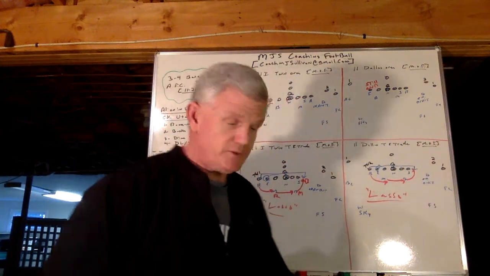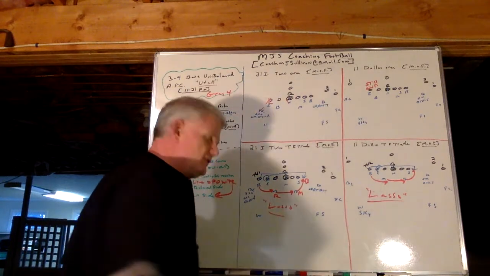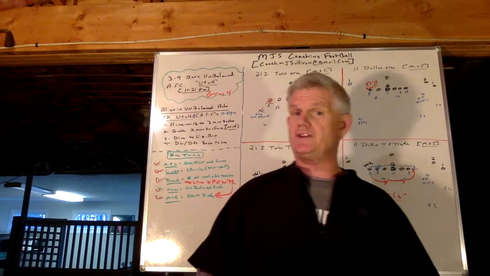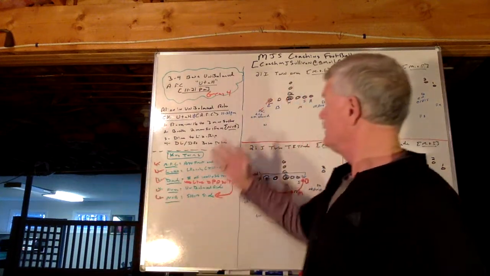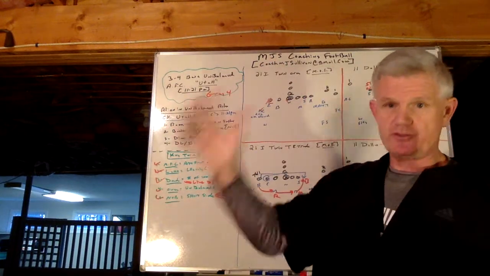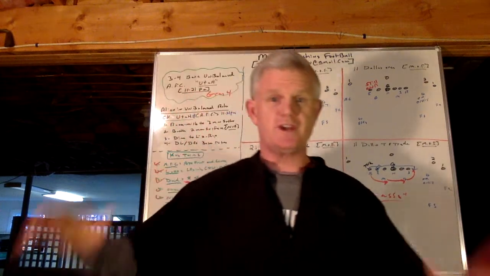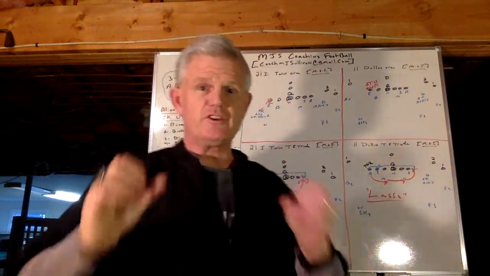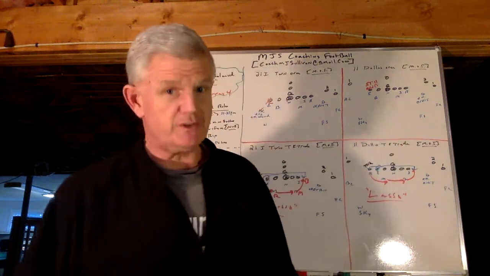Okay, so for us, to keep it in line with your base front, whatever that is for us, it's what we call 50, our base 3-4, our base match quarters coverage, gray 4. We want to be in that against a unique formation, which unbalanced is.